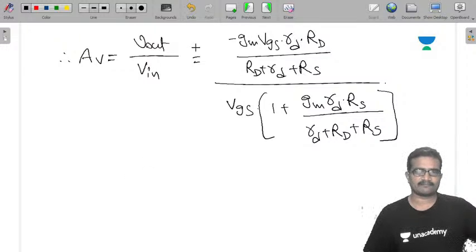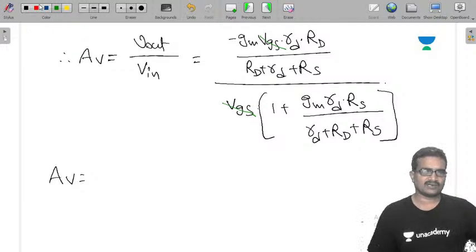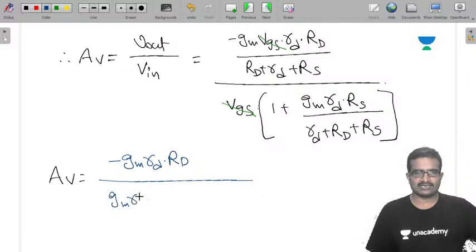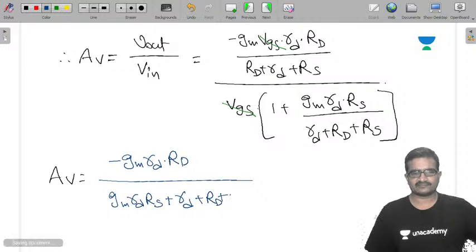Just to simplify this, VGS gets cancelled. First of all, here just take the LCM and these two get cancelled. After that, we get minus gm into rd into capital RD by gm into rd into RS plus small rd plus capital RD plus RS.